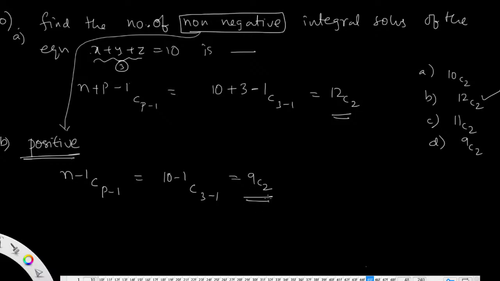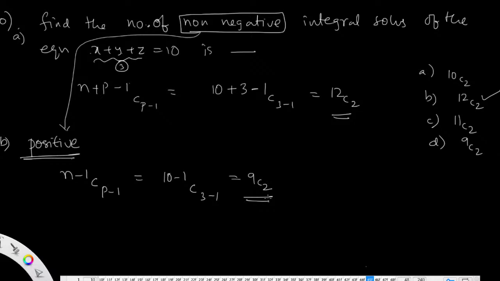Observe the question, in the place of non-negative, if the value 0 is not included, then it is n minus 1 C p minus 1, that is 10 minus 1 C 3 minus 1, okay.